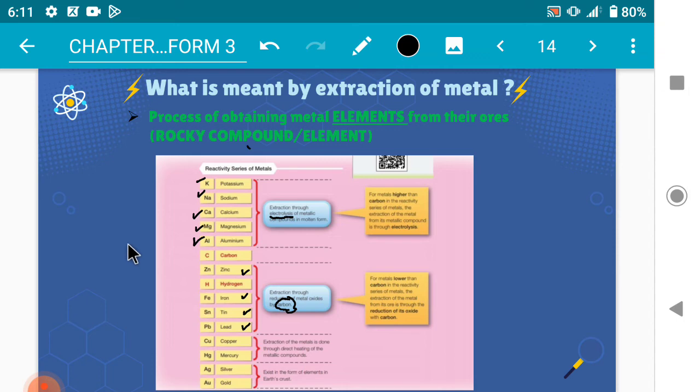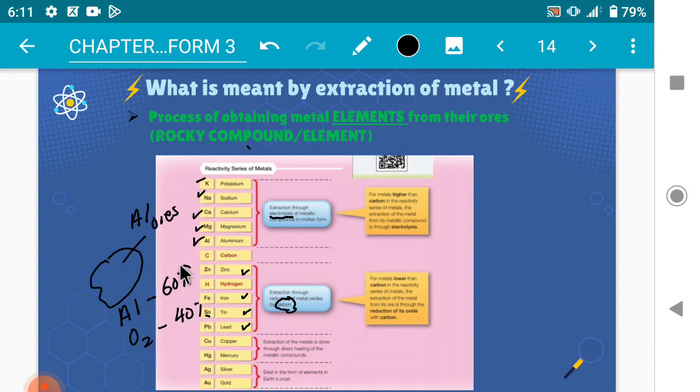Because the ores, if you understand what is ores, so this is ores. For example, this is aluminum ores. So aluminum ores is not 100% aluminum. So ores means there is a mixture of aluminum, maybe 60%, and also there is a mixture of oxygen, maybe 40%.